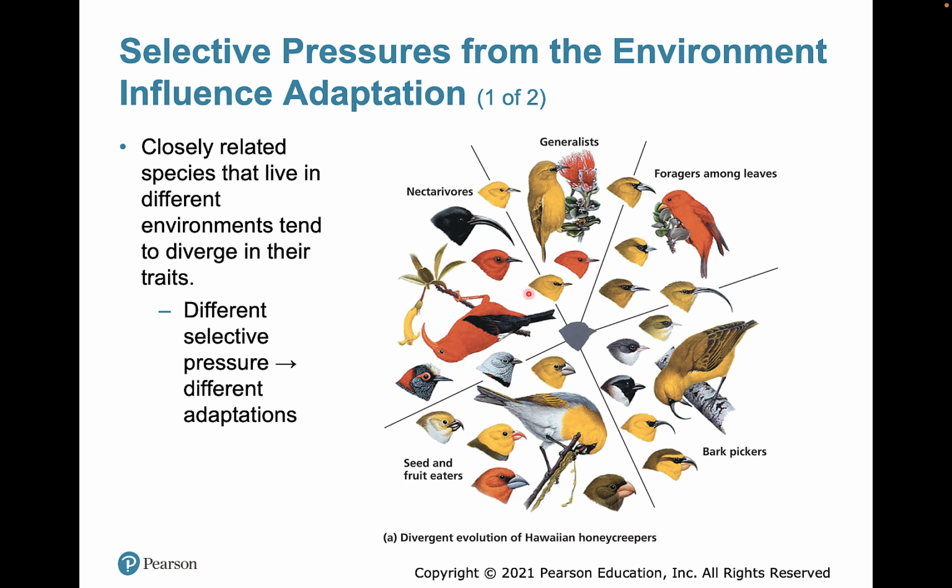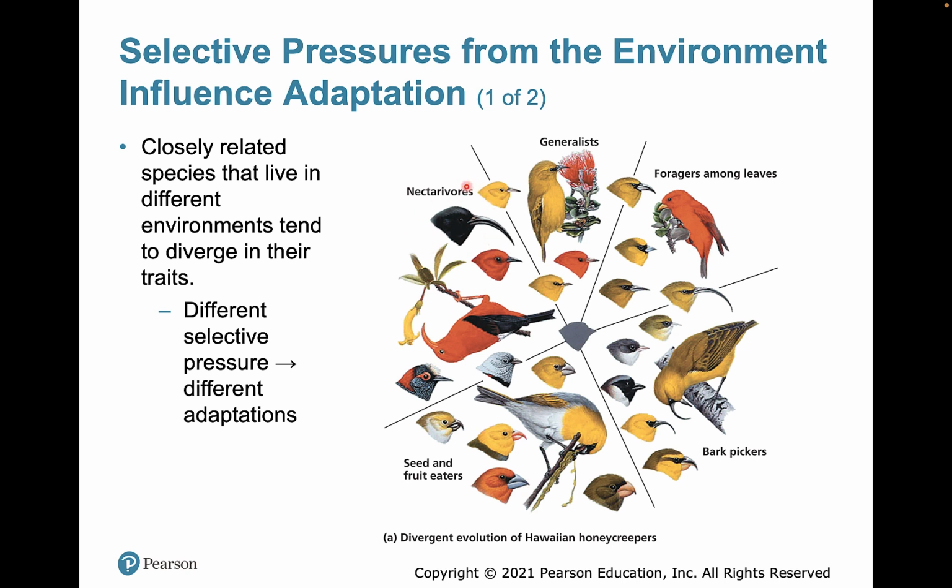So if you had a beak like this nectarivore down here, this beak is not going to make it down here because they're not strong enough to open the seeds and the nut and the fruit, okay? So this beak shape allowed those organisms that have that characteristic to survive and reproduce and pass those genes on, okay?